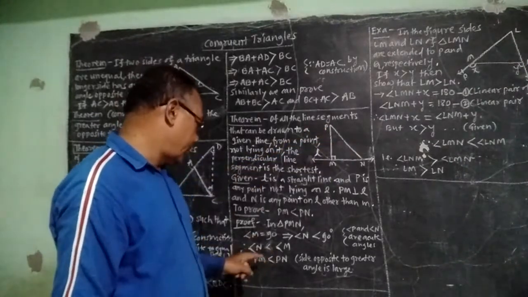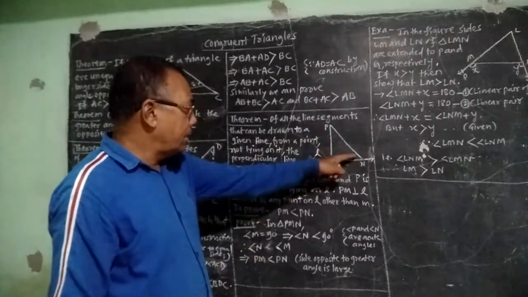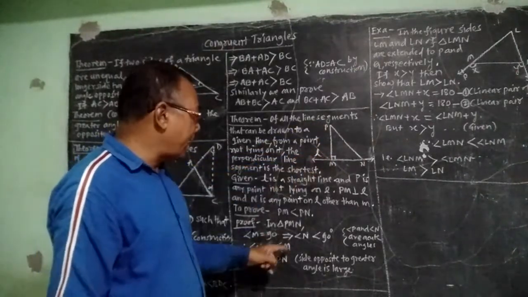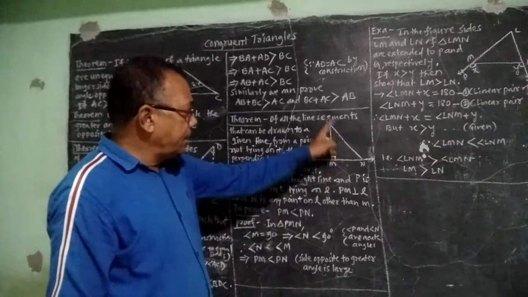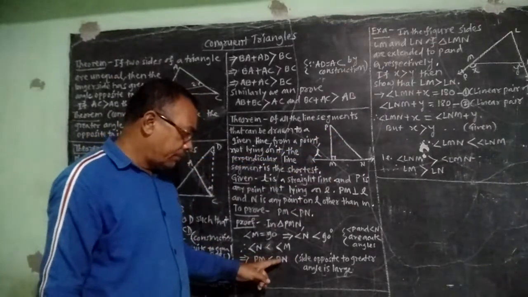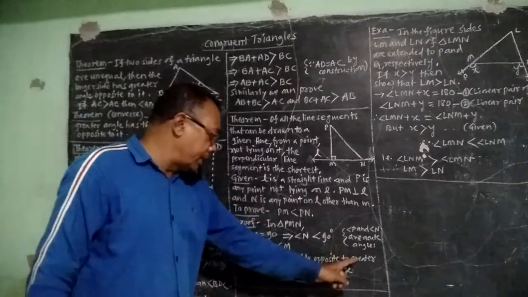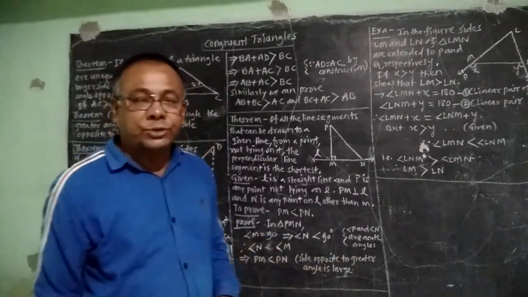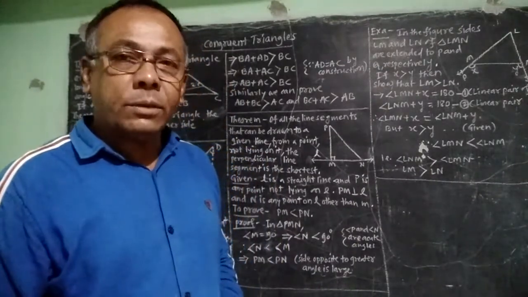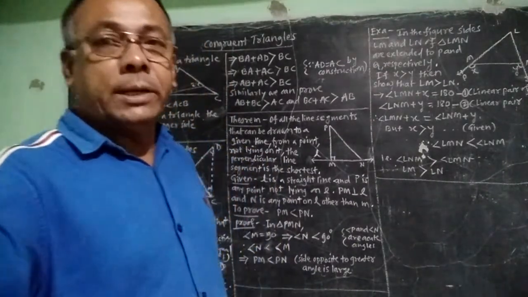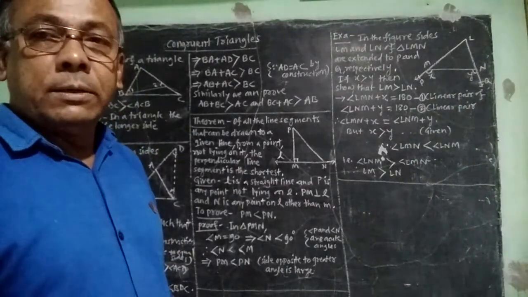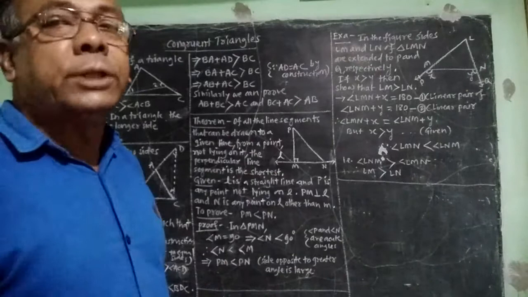So the side opposite to angle N is PM, which is shorter than PN. So we can write PM is less than PN, as the side opposite to the greater angle is larger. In this way it was our second theorem, and now we will see one example related to these theorems.